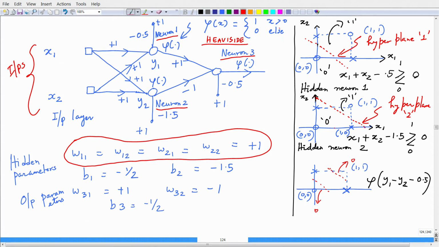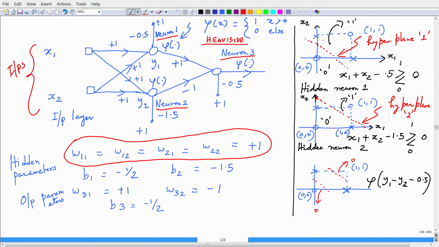So, for x equal to 0 it is 0, if it is negative it is 0, and if it is positive it is 1.